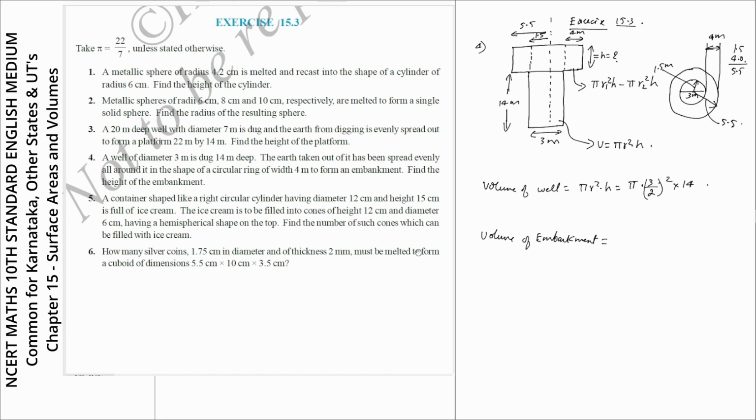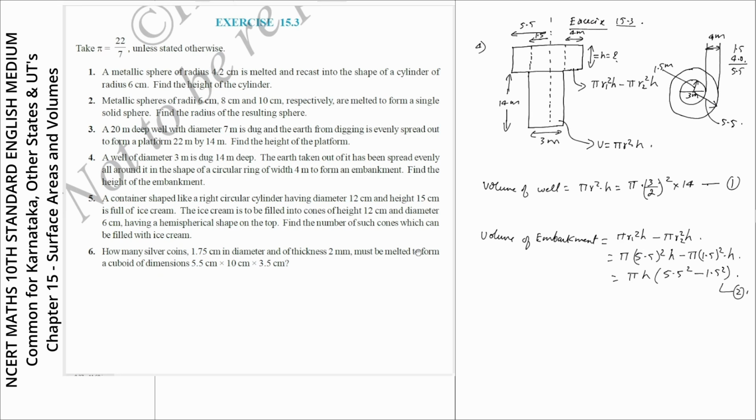Now the volume of the embankment is pi r1 square h minus pi r2 square h. So this is pi times 5.5 whole square times h, we don't know h, only h we need to find, minus pi times 1.5 whole square into h. Here I can take pi and h common, so I'll be left with 5.5 square minus 1.5 square. Now this I'll mark as 1 and this I'll mark as 2.